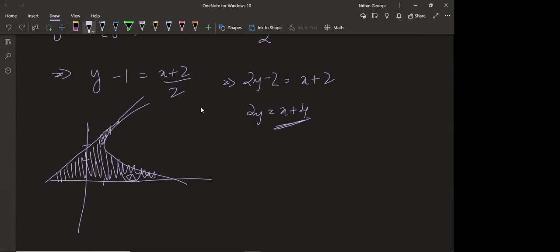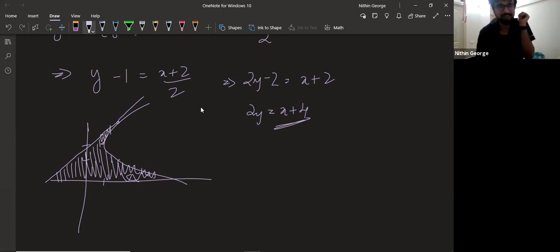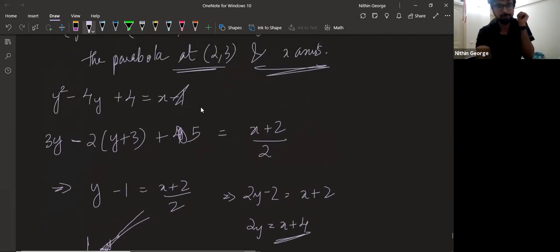Okay, guys, no need to do all that. Integrate with respect to dy, like this. Are you following? You write the curve in this way.